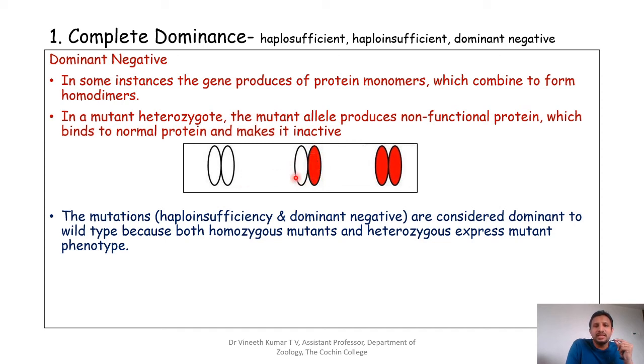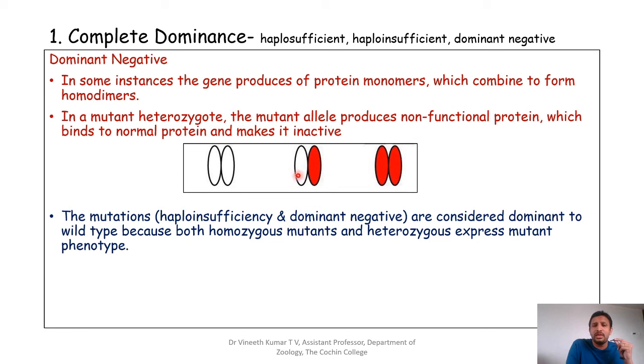As a result, this heterozygous and this homozygous mutant will have the same phenotype. That means they will have that particular deficiency or that particular trait. And that is why the mutations which are haploinsufficiency and dominant negative are usually considered dominant to the wild type, because homozygous mutants and heterozygotes express the mutant phenotype.